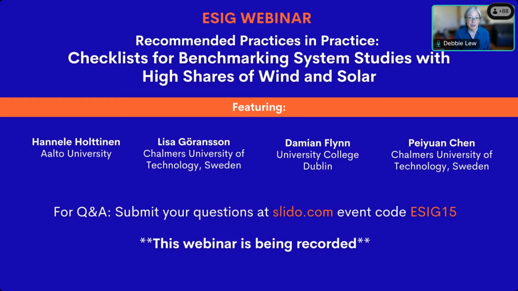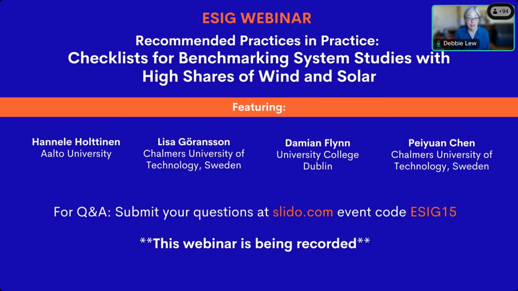So today's speakers are Professor Hannele Holttinen, who is the operating agent for this IEA task, and also the GPST Pillar 5 lead, and also a professor of practice at Aalto University. She will be joined by Professor Lisa Göransson and Professor Pei-Yuan Chen from Chalmers University of Technology in Sweden, who will discuss the transportation and industry electrification case study in Sweden.